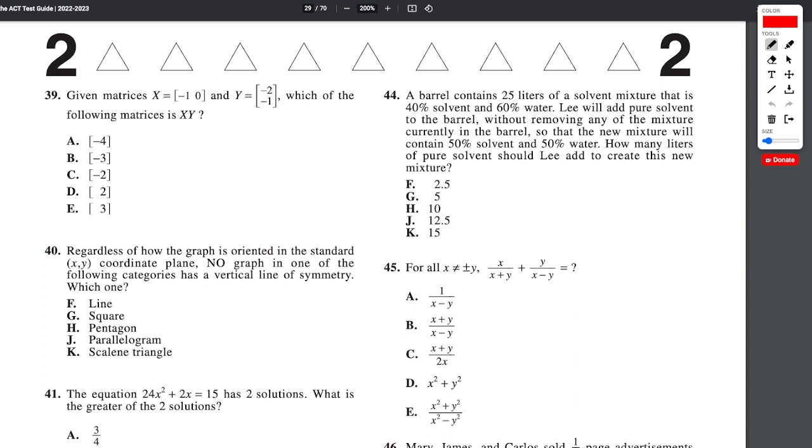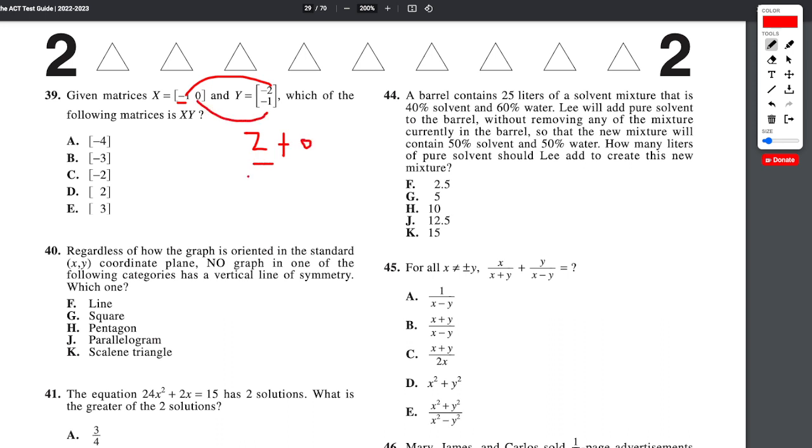Ooh, matrices, 2D arrays, whatever y'all want to call them. Just multiply this. -1 times -2 is 2. And then multiply this. Right? Well, if you think about it, actually, no. I think how it works is it's this with this, a 2, plus this with this, which is 0.